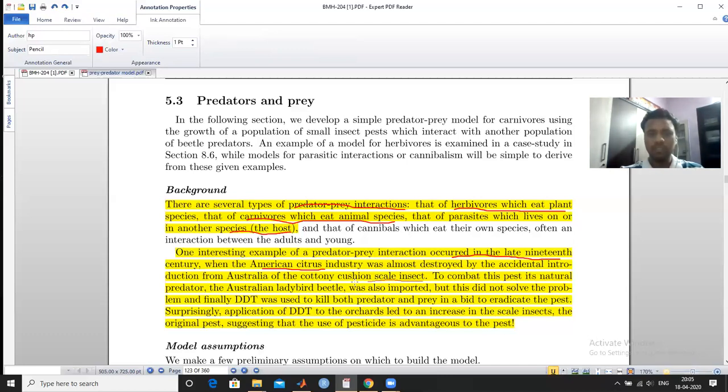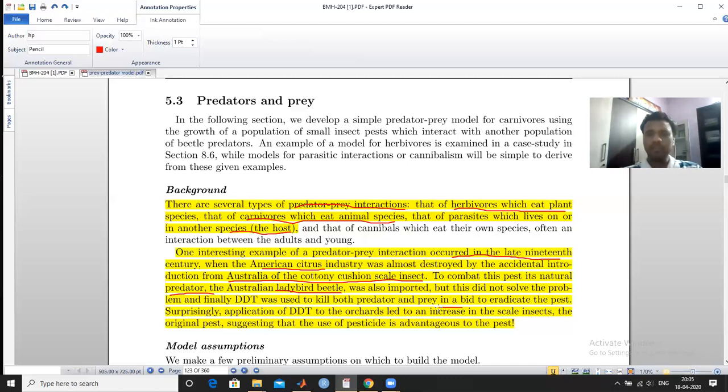This insect destroyed the American citrus industry. To combat this pest, the Australian ladybird beetle was introduced into the population. But this did not solve the problem, and finally DDT was used to kill both predator and prey.